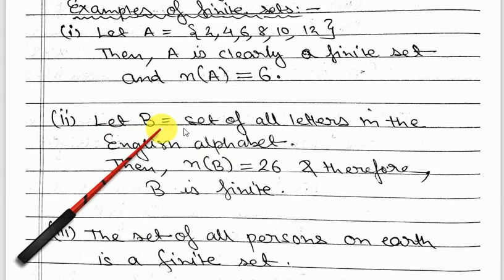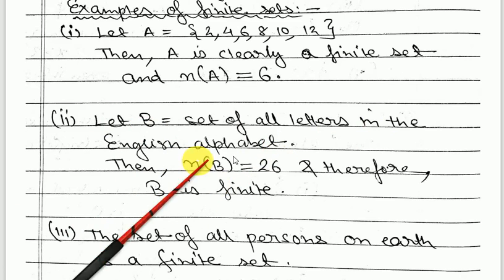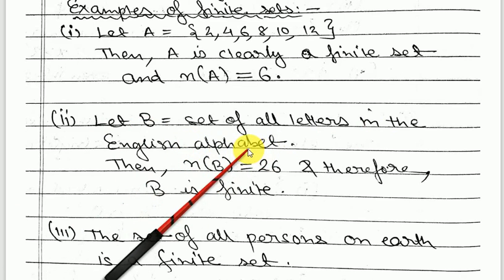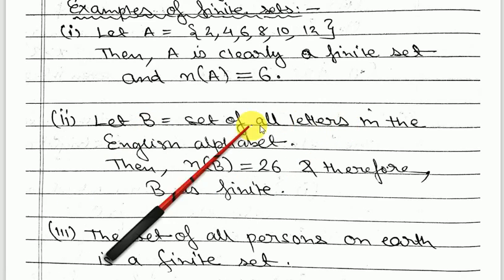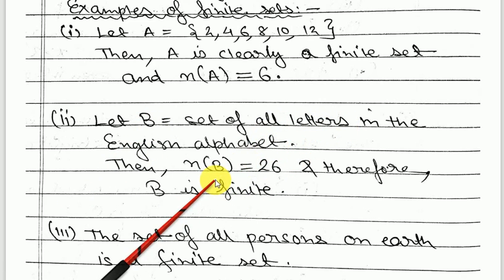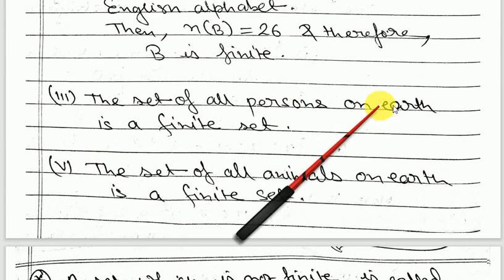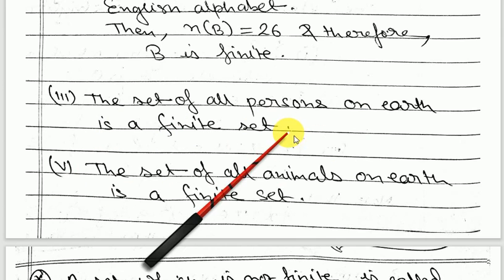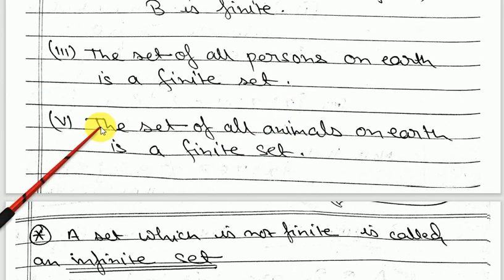Let B be the set of all letters in the English alphabet. There are 26 letters, so this is also a finite set, and the number of elements is 26. Next, the set of all persons on earth is a finite set. It is possible for us to count persons on earth. The set of all animals on earth is also a finite set.